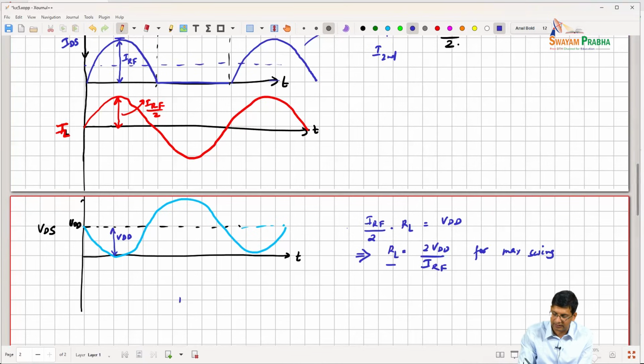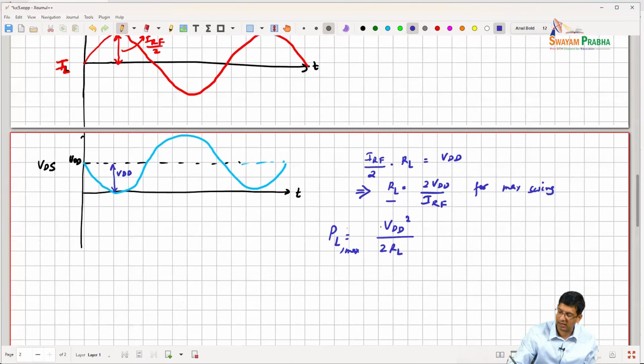So now I can find my P out over PDC, or PL over PDC, that's what we've been using. So PL is going to be nothing but, so we are going to swing a whole VDD across the load. So the PL max that I'm going to get is VDD squared divided by 2RL. That's the maximum that I can get.